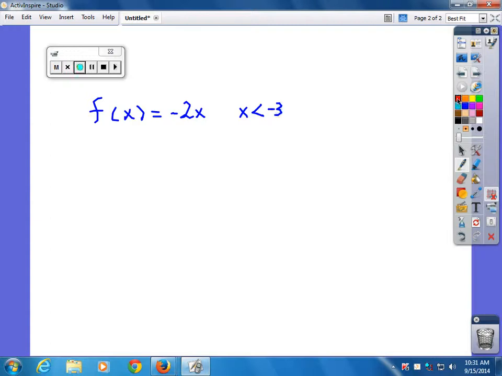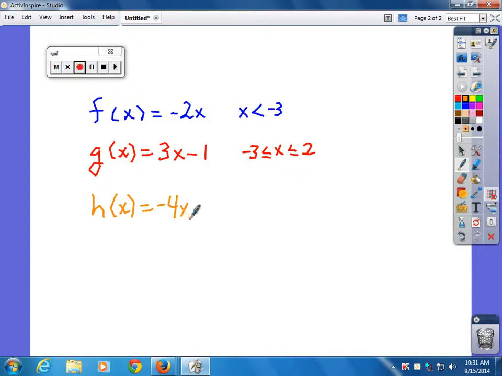All right, the second one? 3x minus 1. And what's the domain? Negative 3 is less than or equal to x, which is less than or equal to 2. Orange. What's the next one? Negative 4x. And domain: x is greater than 2. All right.